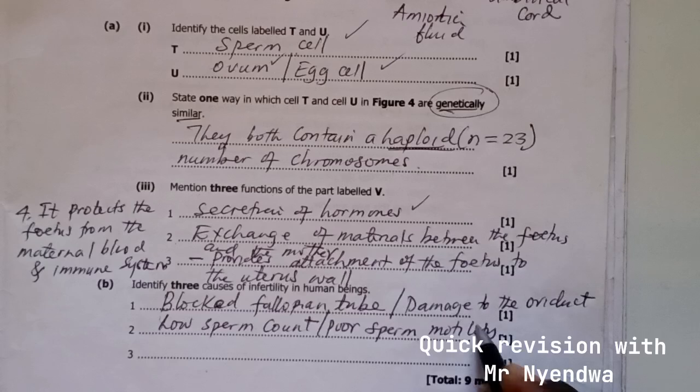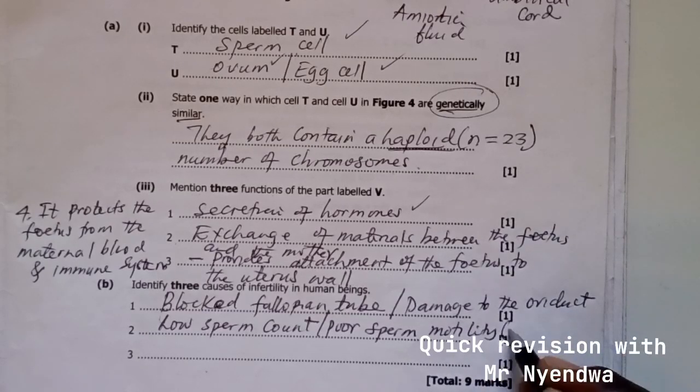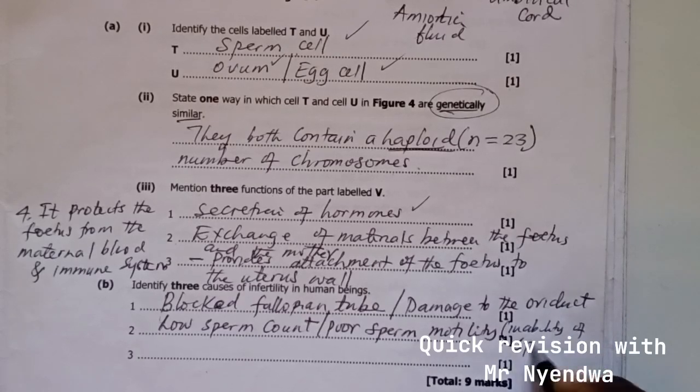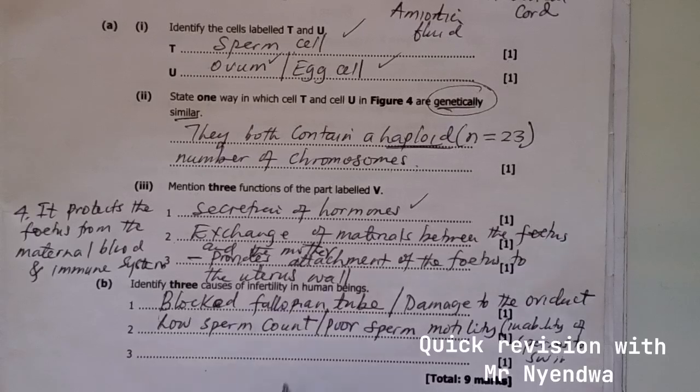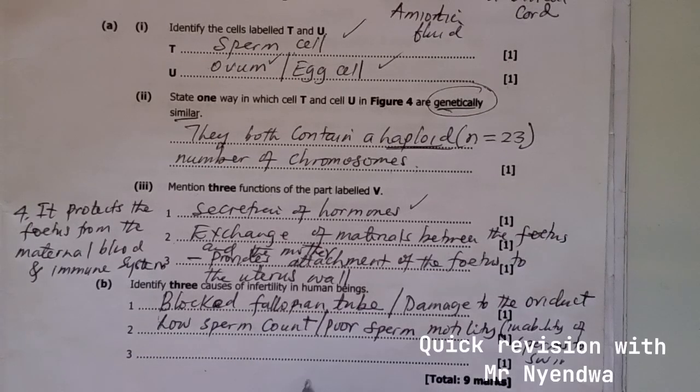When I say motility, I mean the sperms are unable to swim. In other words, it's simply the inability of sperms to swim. If the sperms are not capable of swimming, that may result in infertility in human beings.